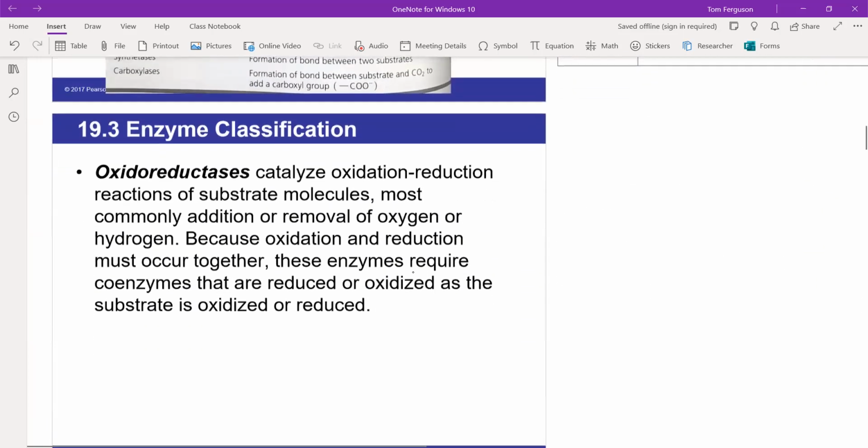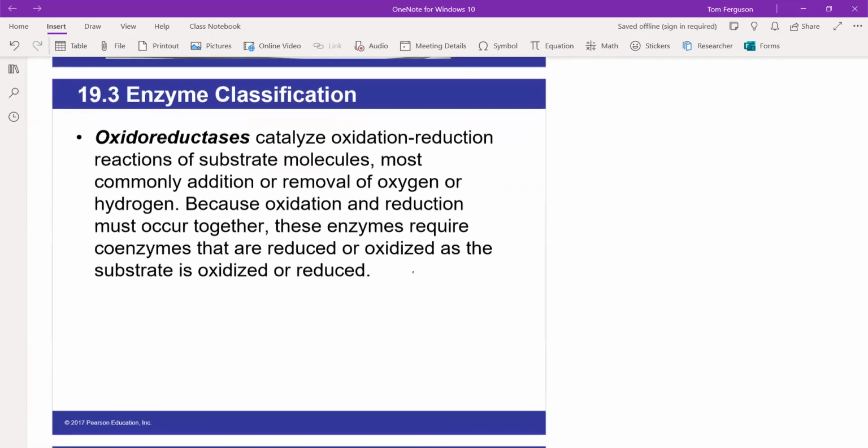Okay, so let's look at oxidation reduction reactions. Those enzymes generally are called oxidoreductases, like oxidation reduction, oxidoreductase.